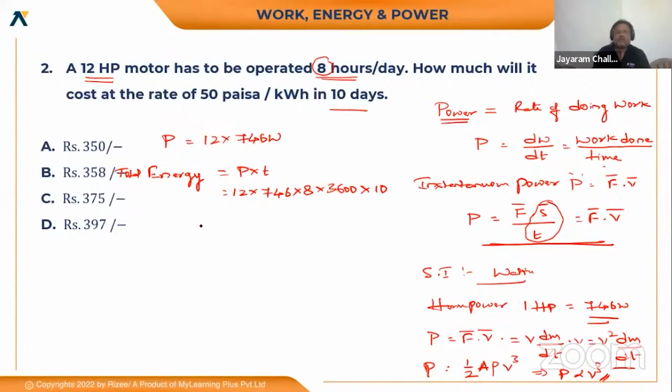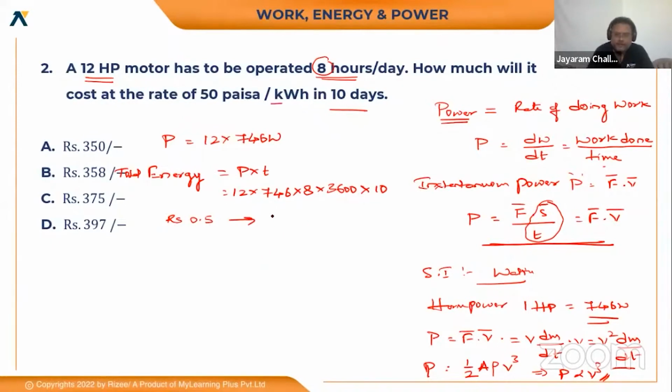Now what is the cost for 1 unit of energy? 50 paisa, that is 0.5 rupees only. So 0.5 rupees are used per 1 kilowatt hour.